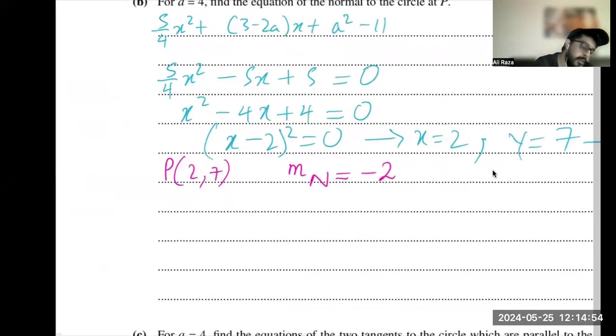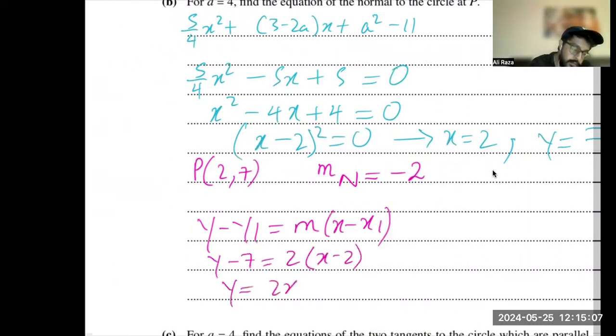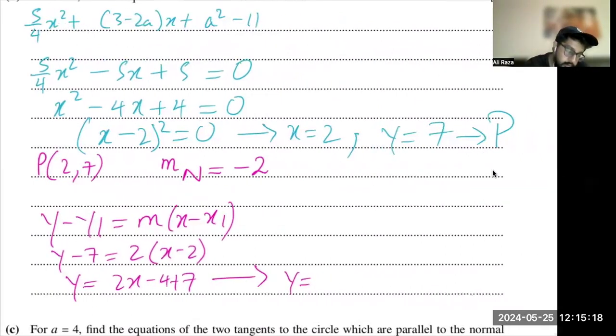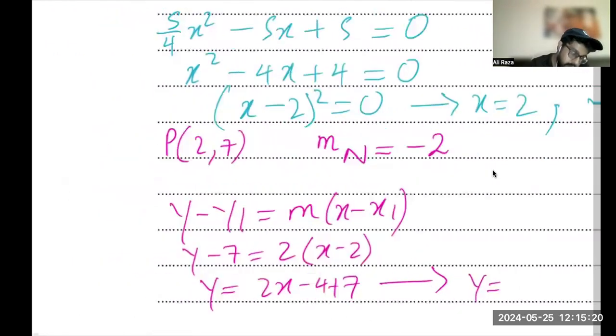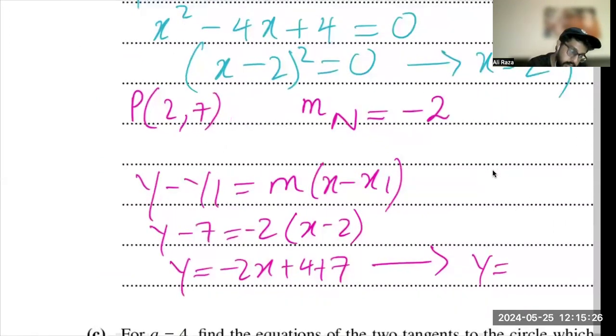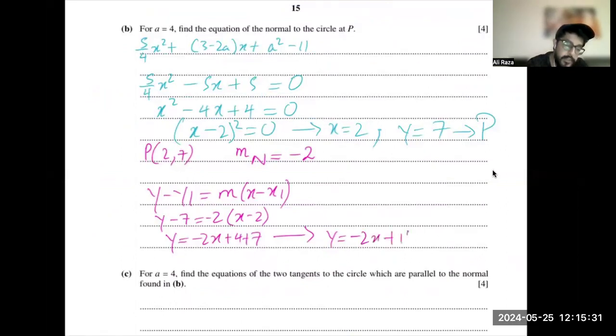Now we can construct the equation. y minus y1 is equal to m times (x minus x1). y minus 7 is equal to 2 bracket x minus 2. We have 2x minus 4 plus 7, giving us y is equal to 2x plus 3. It should have been minus 2, minus 2x plus 11.